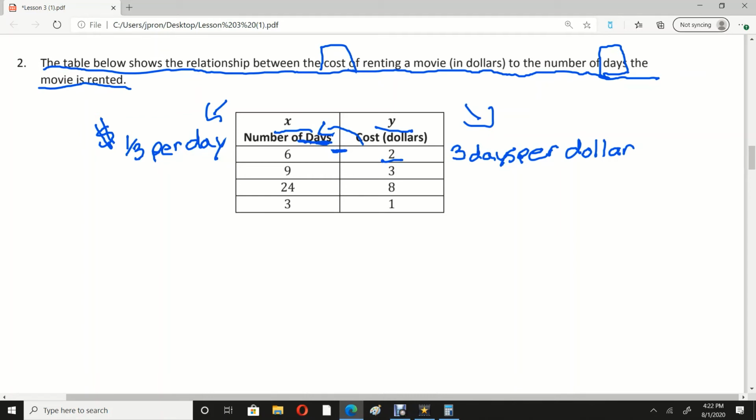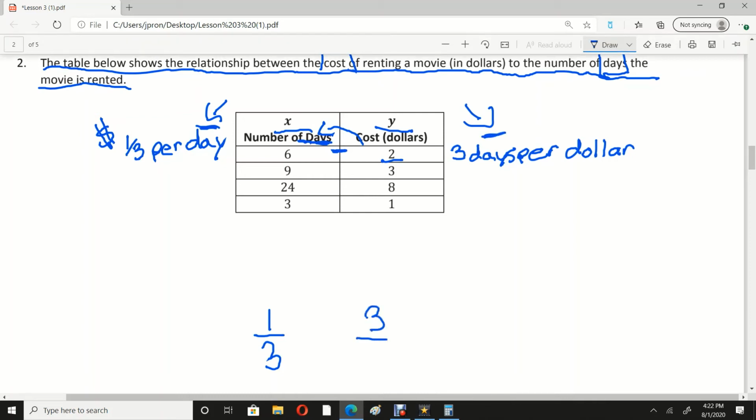And as you may have noticed, either way you do this, whether you did dollars per day or days per dollar, they are actually reciprocals of one another. So your unit rate over here is 3, which is the reciprocal of 1/3. They're flippity floppity.